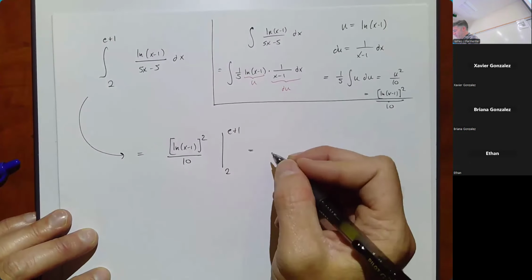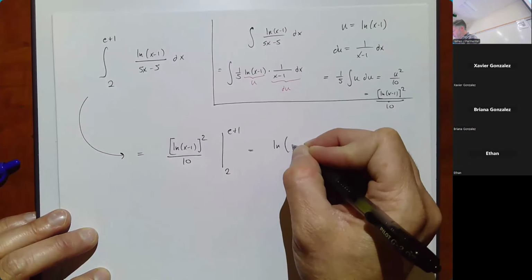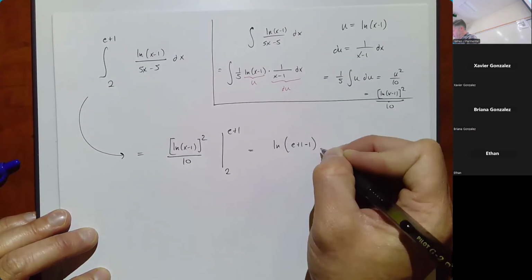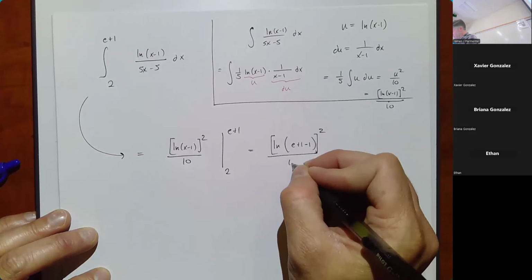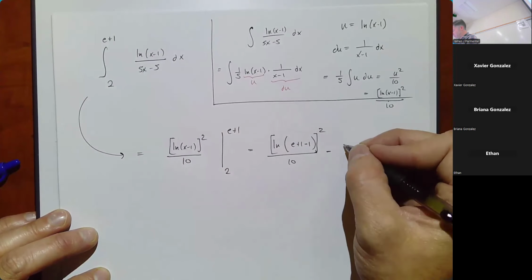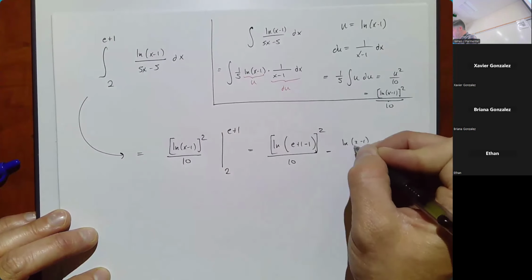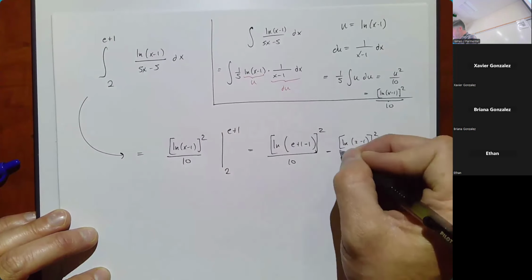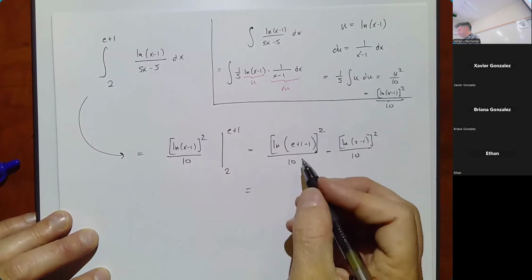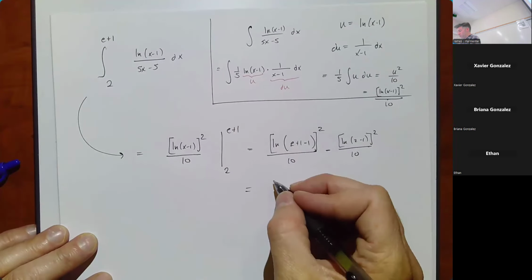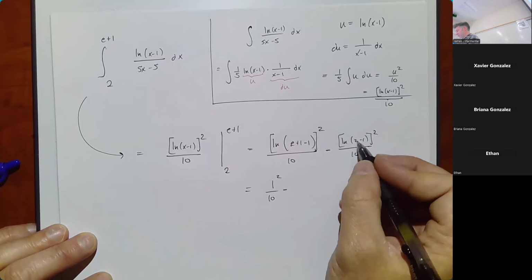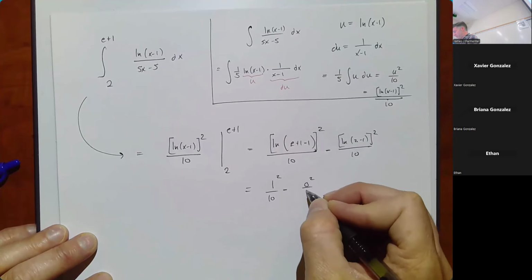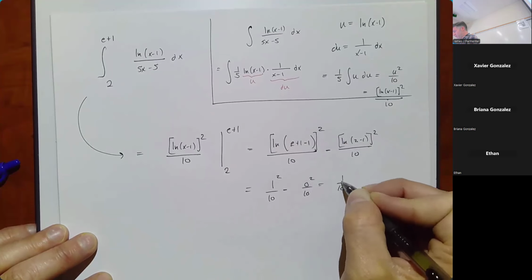Plug in the e plus 1, and you get the natural log of e plus 1 minus 1 squared over 10, minus, plug in 2, and you get the natural log of 2 minus 1 squared over 10. That's going to be the natural log of e, 1 squared over 10, minus the natural log of 1, which is 0 squared. We get 1/10.